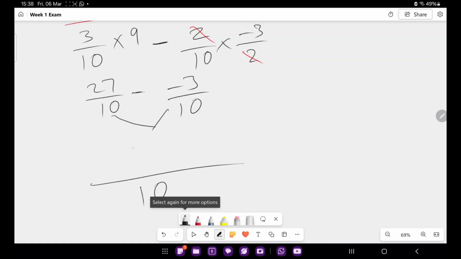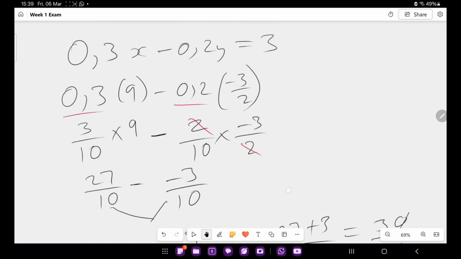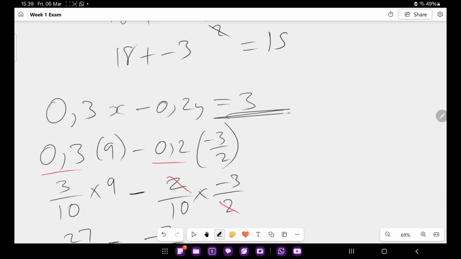So 27 minus 3, which is 27 plus 3, which is equal to 30, divided by 10, which is equal to 3. And then that's where we know, oh, we are actually 100% correct, because here it says is equal to 3.